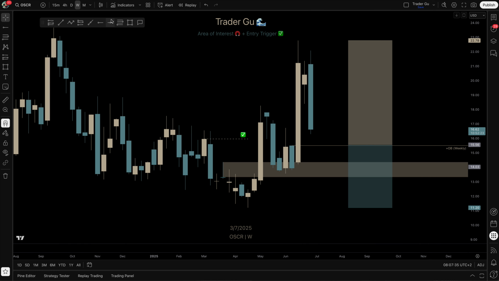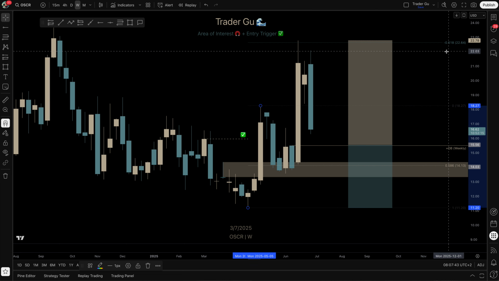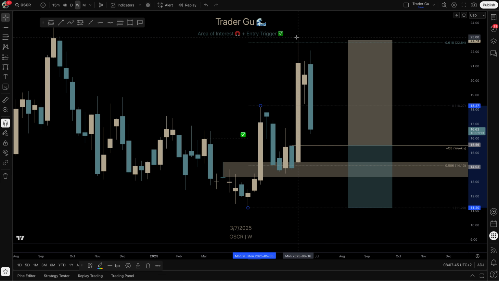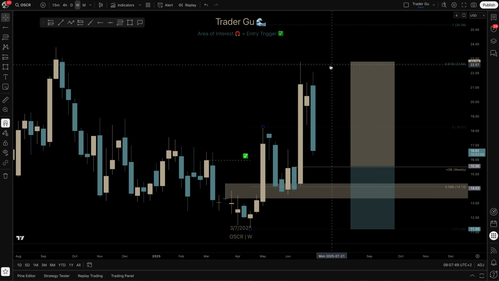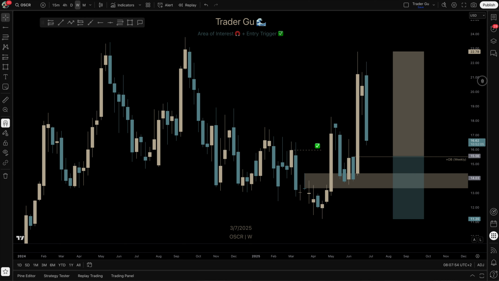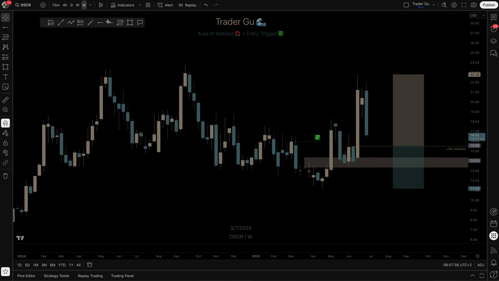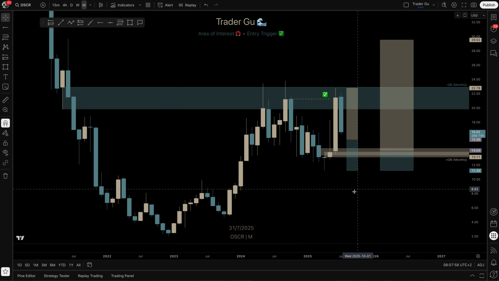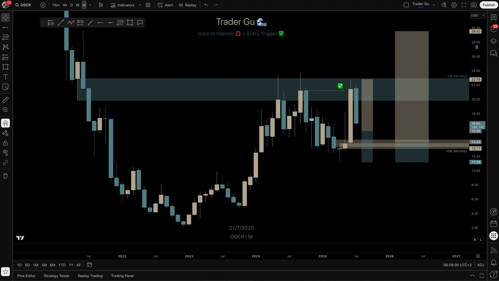I would be a little bit hesitant that since we have already reached the 0.618 target, but we did not reach the -1. So this, yeah, it could be interesting. But again, this is not my favorite ticker to trade, since it's not much data.